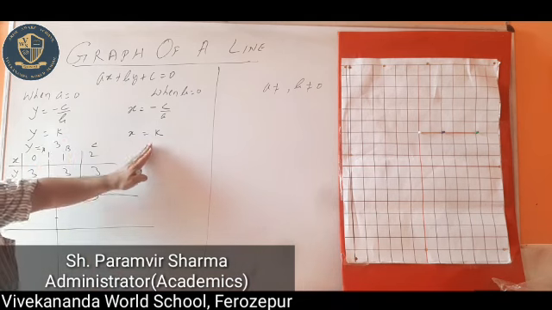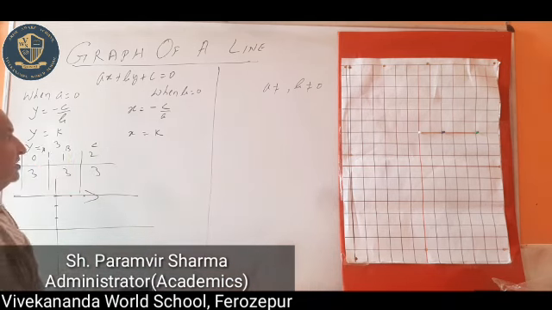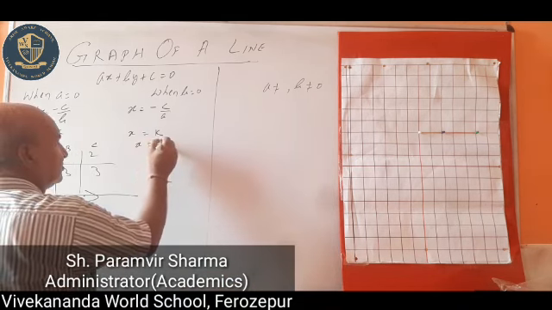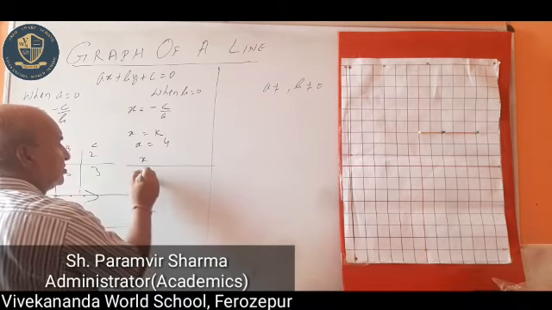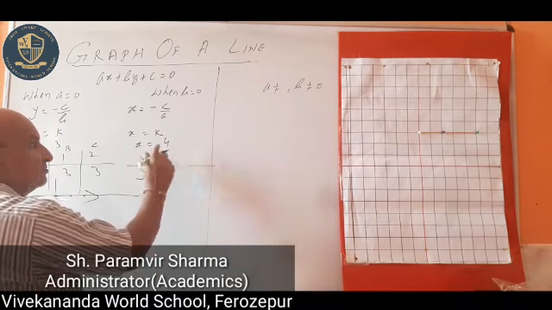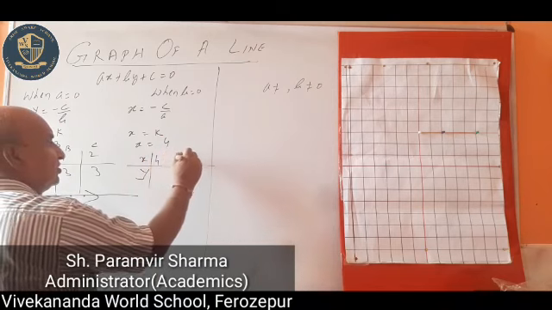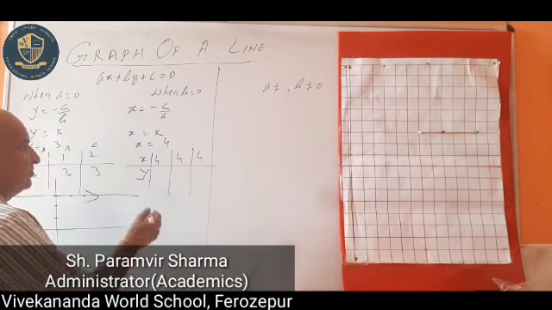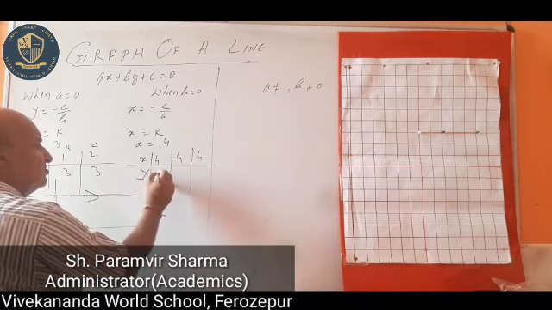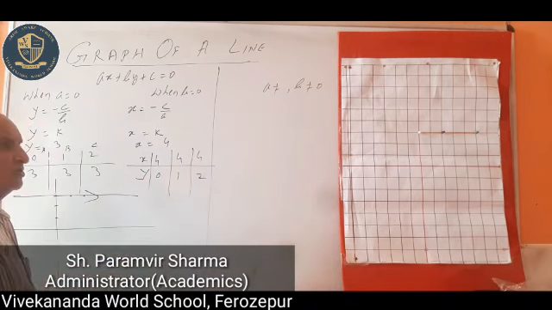The same is the case with x is equal to k, say x is equal to 4. Now there is a condition on x only. x will be 4 in all the cases. You can take any value of y. Again, say a set of easy values 0, 1, 2.